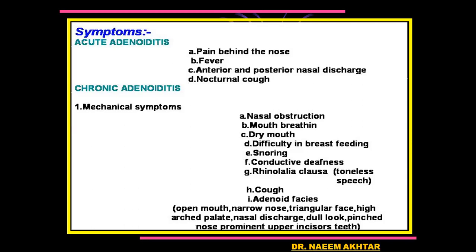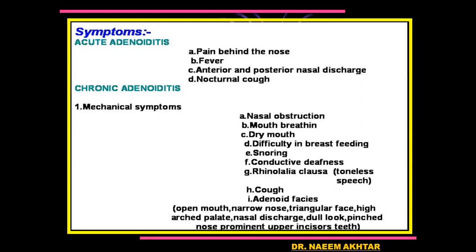The patient sometimes may have toneless speech due to rhinolalia clausa. He may have cough, and the most typical important feature of chronic adenoiditis is the adenoid facies.